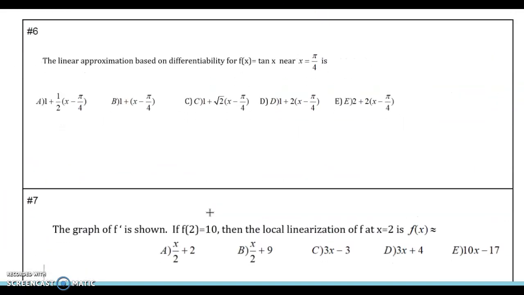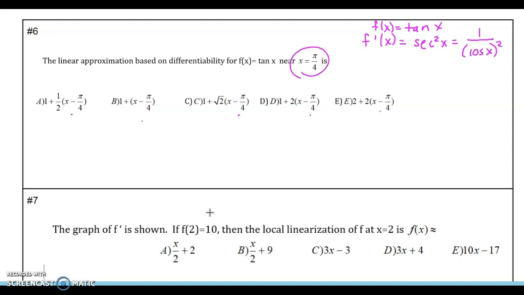All right, so number 6, the linear approximation. So we want to write the tangent line approximation near pi over 4. Well, we know it's x minus x1, which they all have. So I'm just looking here. I need to find the slope. So if f is equal to tangent, I need to know the derivative. So the derivative of tangent is secant squared, which is 1 over cosine squared.